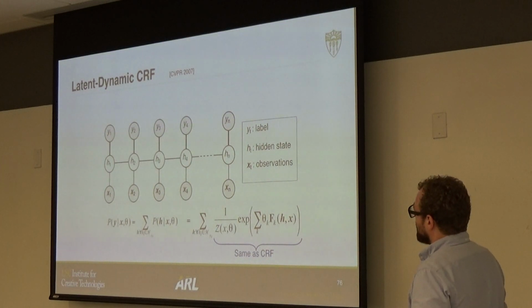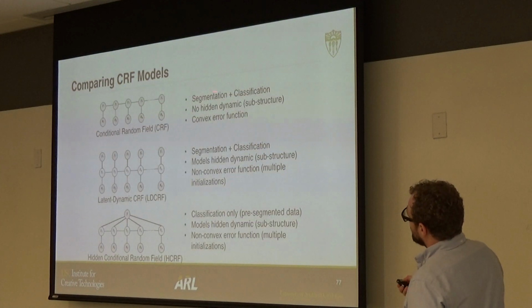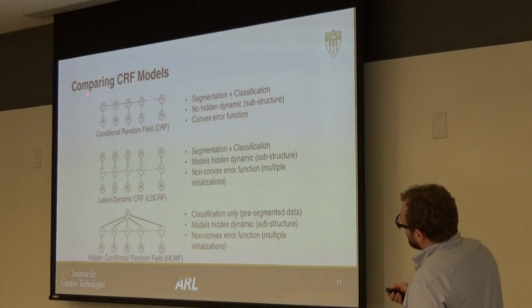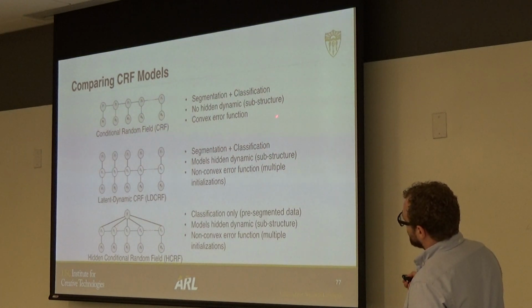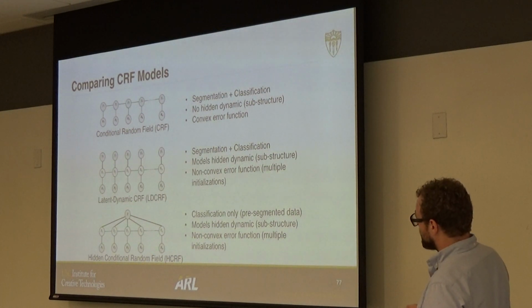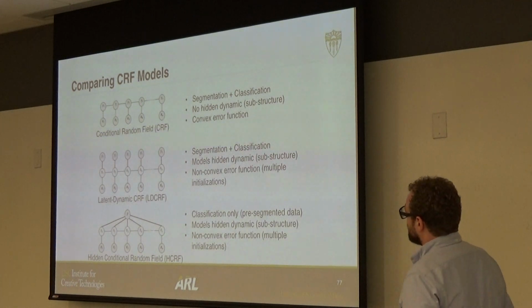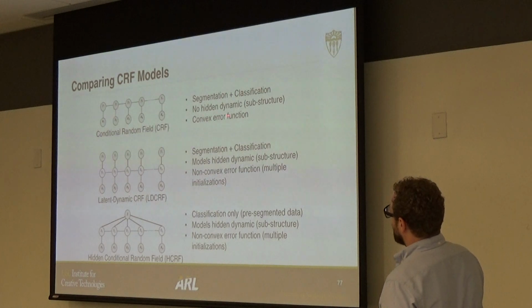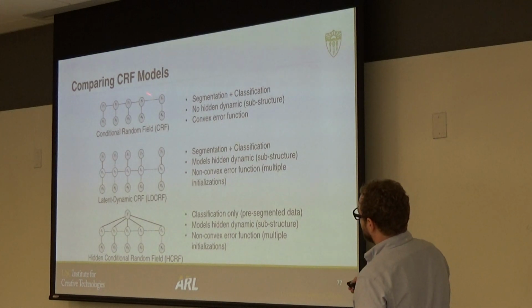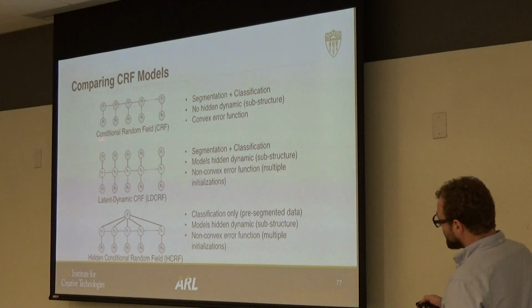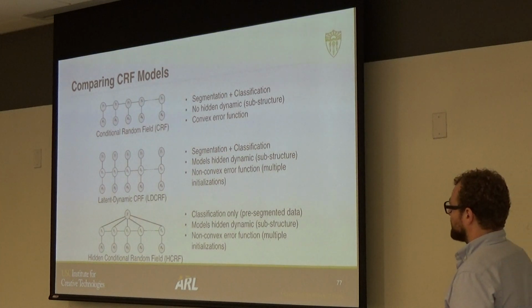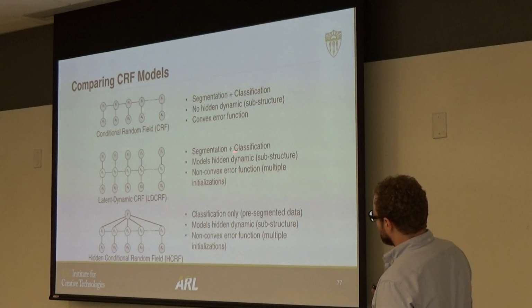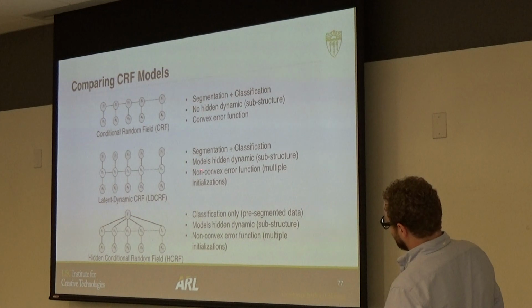Okay, and just to sum up, we have the conditional random field, which can be used for segmentation and classification. There are no hidden dynamics or substructures. We have a convex error function. We have the LDCRF, the latent dynamic conditional random field, which can also be used for segmentation and classification.